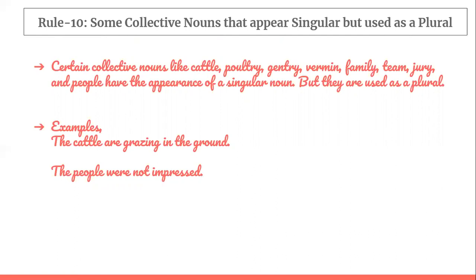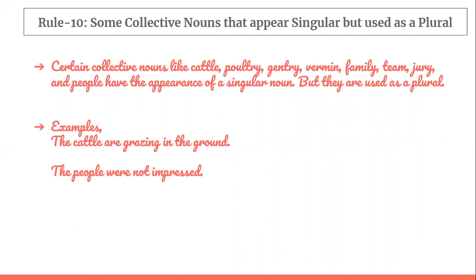Please refer to your textbooks, page number 21. There is an orange color box. Look at the fourth line over there. They are plural in appearance, but they are used as singular. This is opposite; that one was singular in appearance, but used as plural.